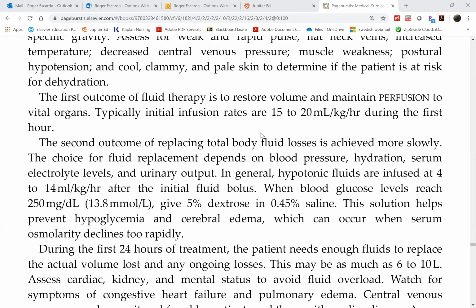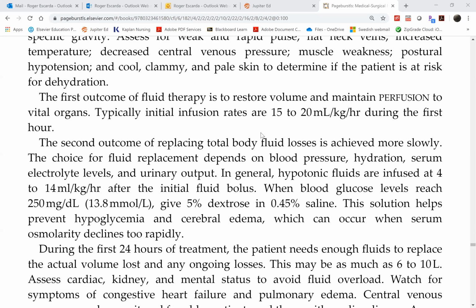Is it 15 to 20? Yep, mLs per kilogram. So how many mLs per hour will you run this thing? 1,050 minimum. All right, so we're talking about 1 liter to 1.4 liters here, depending on the patient's weight.